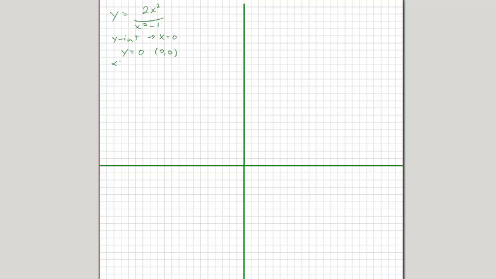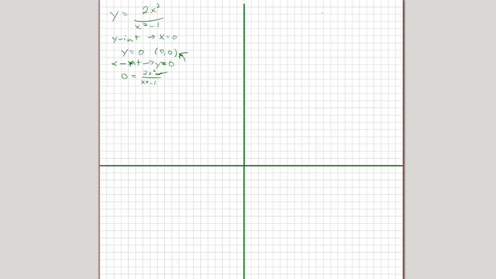Now, of course, if I want to figure out the x-intercept, I'm setting y equal to 0. So I have 0 equals 2x squared over x squared minus 1. But of course, the only way for that to happen is if the x up here is 0, which we already know is going to be an x-intercept.